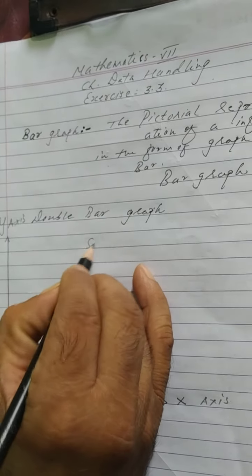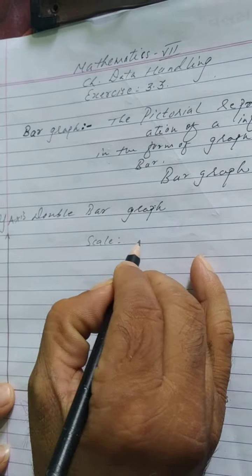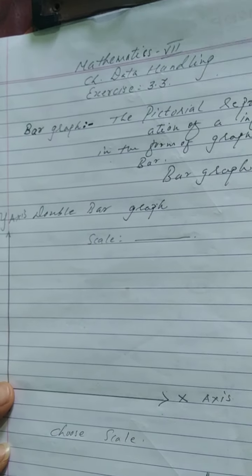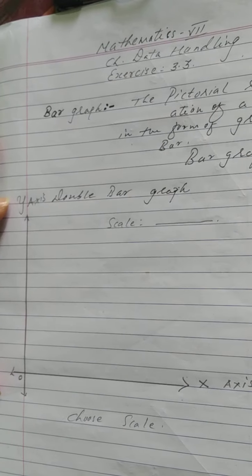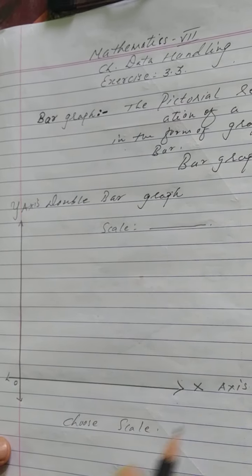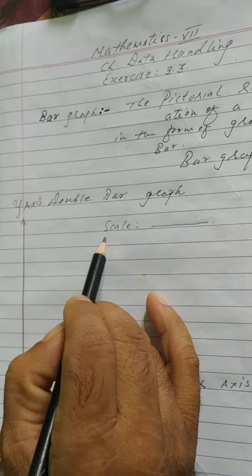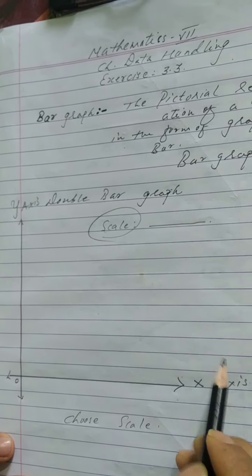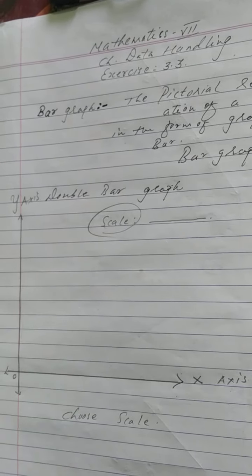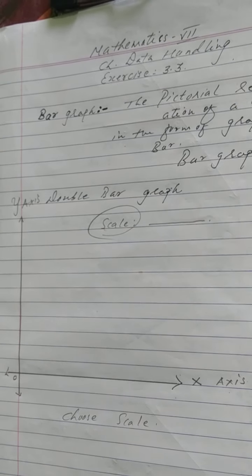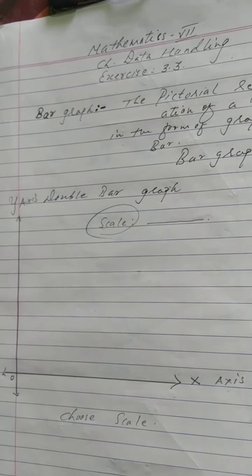Scale we have to represent on the right side of the graph paper. Got it? So in this way we have to represent the information on your graph paper. Understood? Now let's see the first example of exercise 3.3.